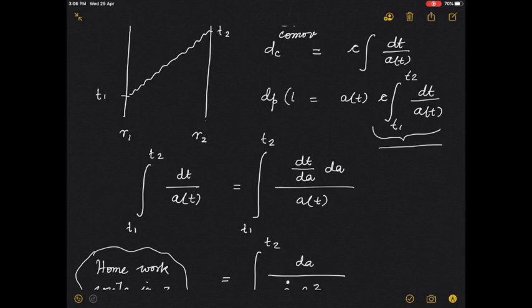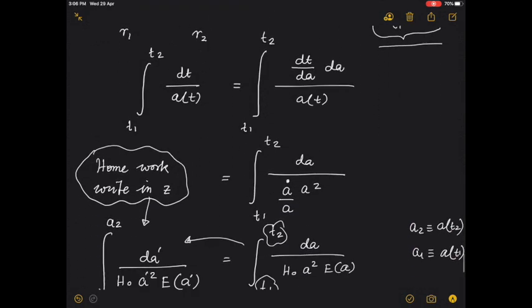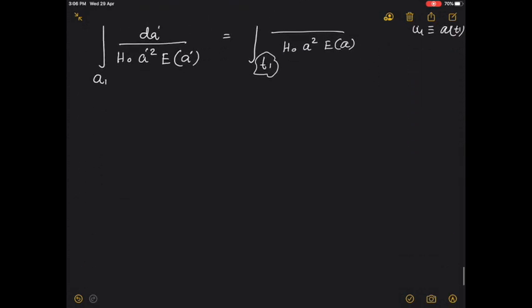So I can now write the proper distance. This proper distance may be calculated at time t2.